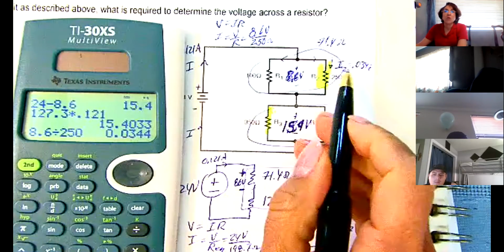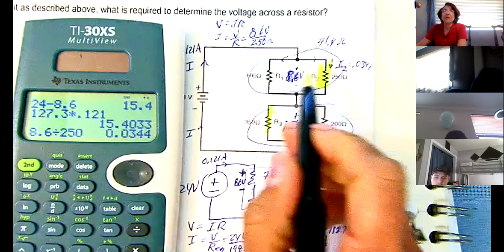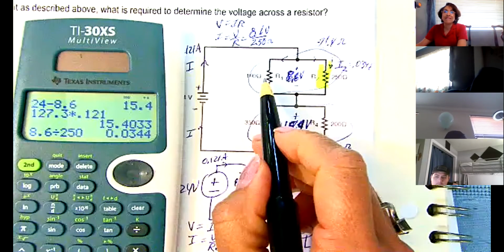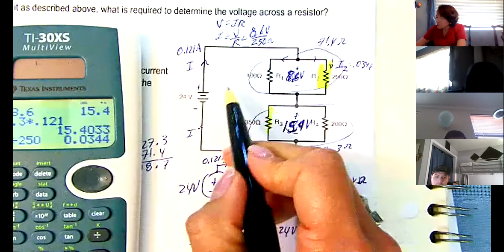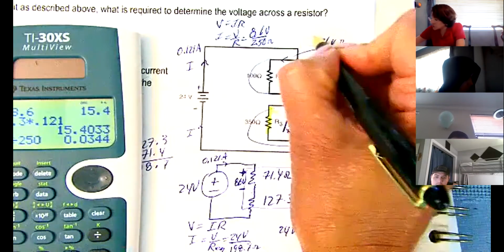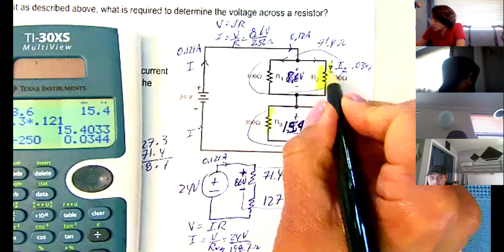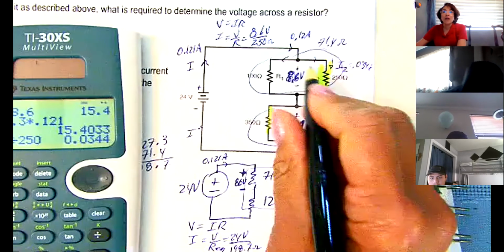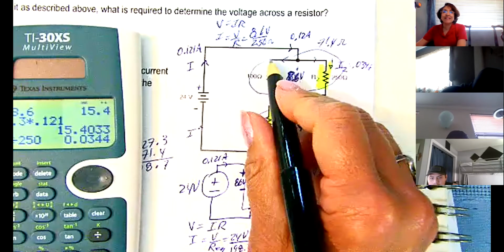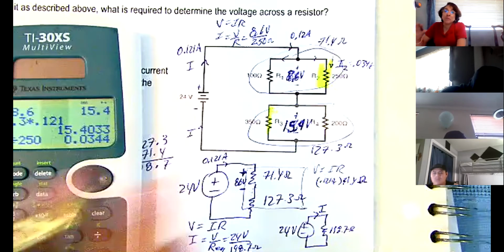Josue, if 0.034 went this way, how many are going this way? Remember, this is 0.121, so it's right here, 0.121 amps. Some of it got split off to 0.034. So how much is this way? You would have to subtract that. Exacto. Well, that's one way to do it.